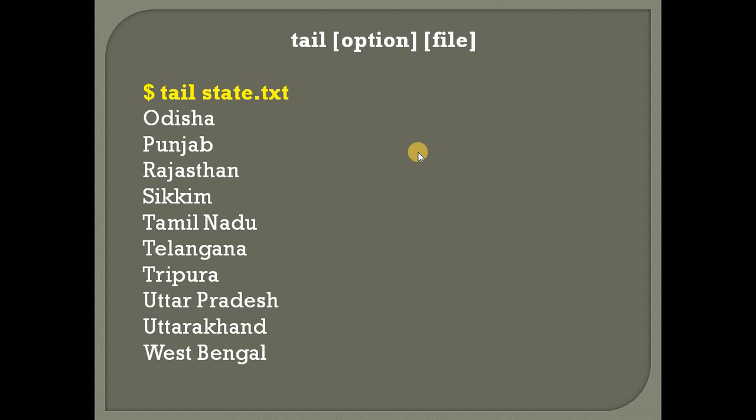Now we shall see the different options which are used with the tail command. The first option is -n and the number of lines which you want to display. It prints the last num lines instead of the last 10 lines.